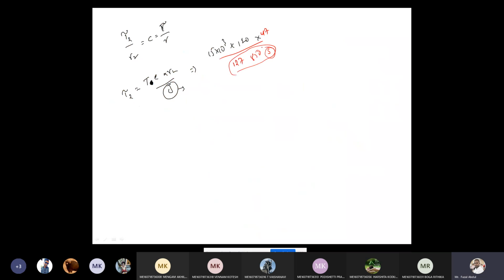Now, what is S? That we have to calculate. Now tell me the secondary shear stress value. 15,000 into 120 into 47 by 127,850 into S. That is 689.3 by S megapascal.